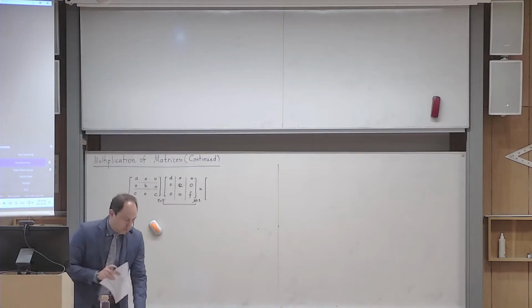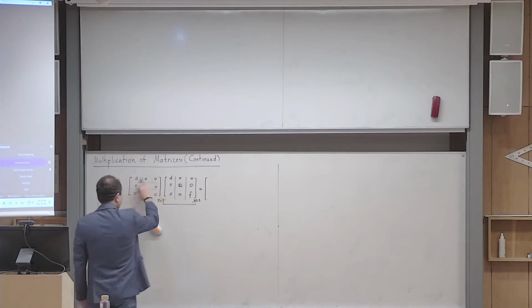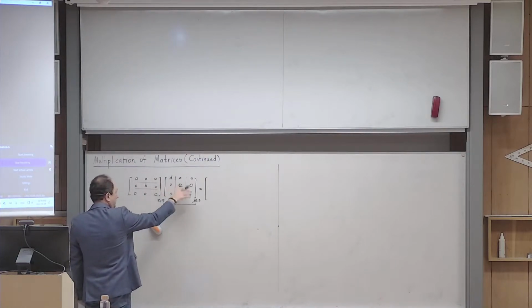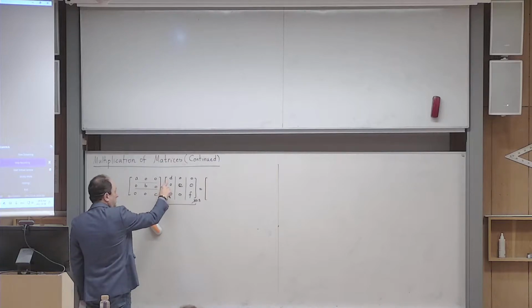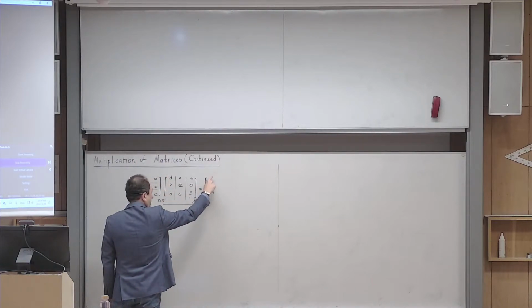If you want to multiply them, you need to partition the left-hand side matrix into rows, the right-hand side matrix into columns, and take each row and multiply it by each and every column of the other one. For example, I take this row and multiply it by this column. Then I put it as the first row and first column.